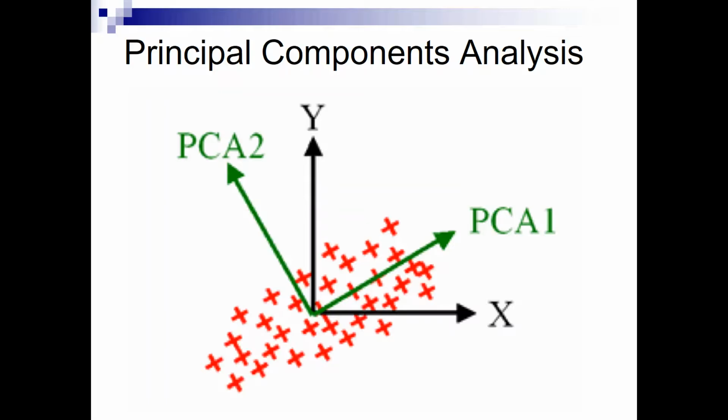Let's pop up a level. What are we doing here? We talked in the last lecture about feature selection. The idea of feature selection was we started with a large number of features and we selected a subset of them. But the features that we ended up with were still ones among the original ones that we started with. When we do a principal component analysis, we are similarly trying to get down to a smaller number of features. But the features that we end up with are actually different from the features we started with.